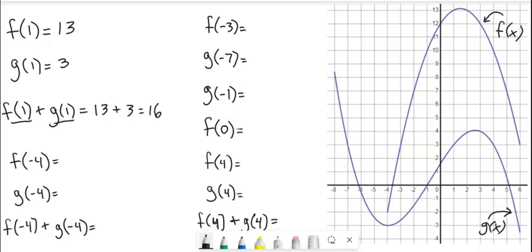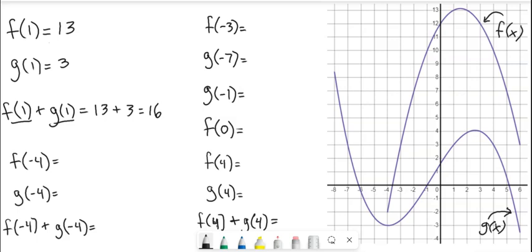Now it says, what is f of negative 4? We're going to go to the f curve and the input of negative 4. There's negative 4 right there, only now, instead of going up to the f curve, it's actually below, down here. So at negative 4 we have to go down, and this is our spot. If we go over, that height is negative 2.